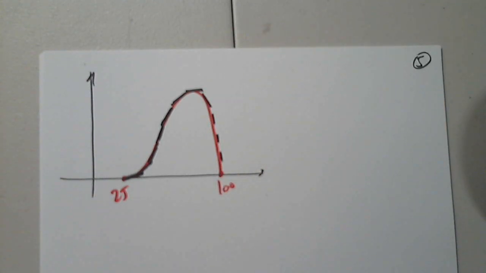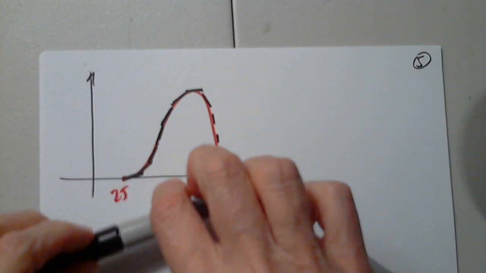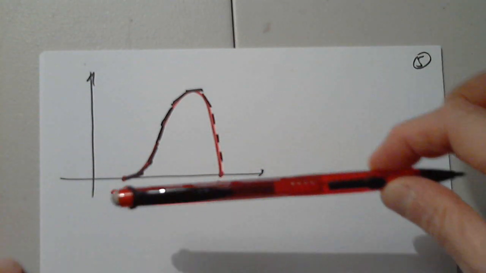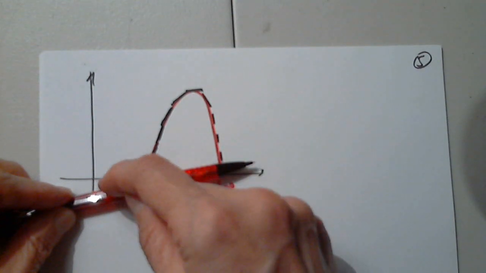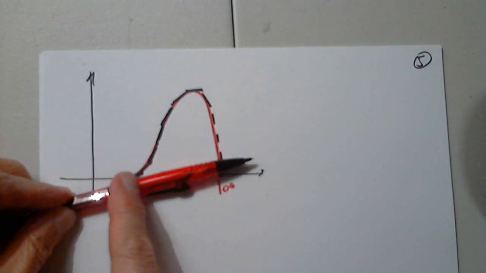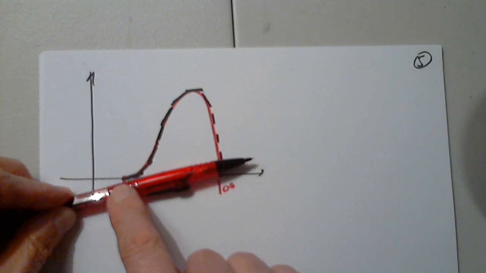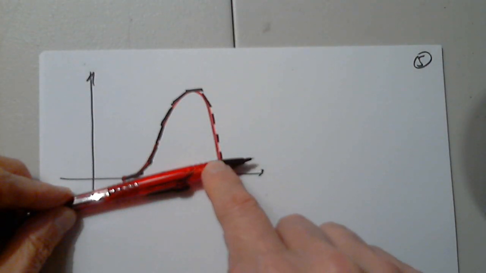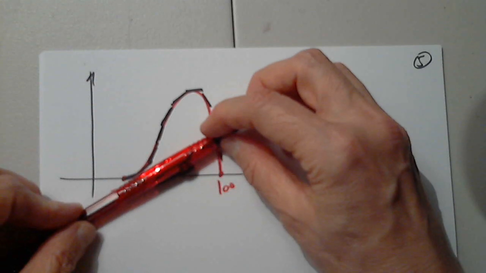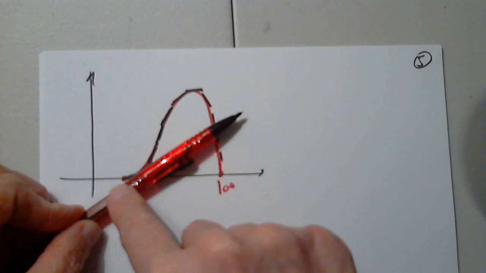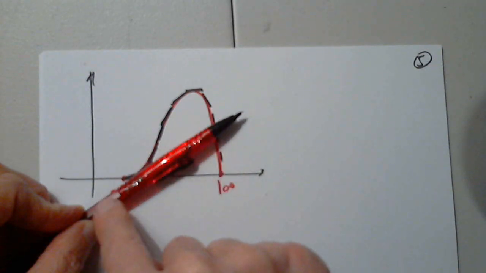Let me see if I have something smaller. Okay. So this rate of change, this slope, is not as steep. I can walk on it, nice and easy. It gets a little bit more difficult for me to hike at a 30-degree angle.